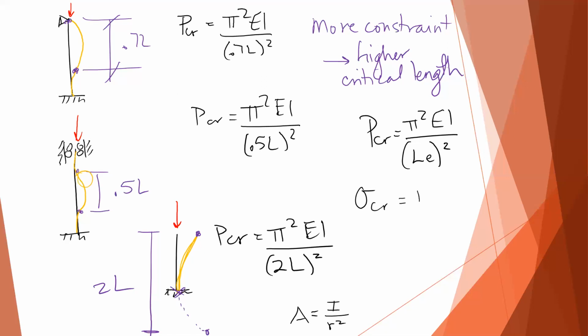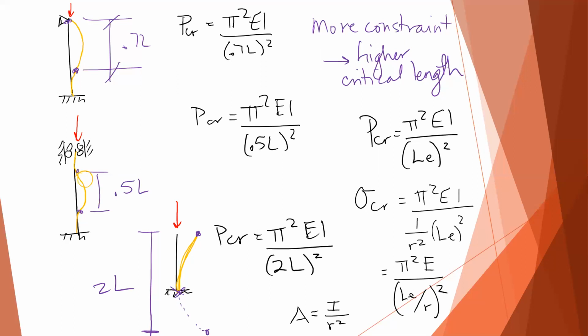So that means it becomes pi squared EI over I over r squared, L_e squared. So you can express that as pi squared E divided by the ratio L_e over r, squared. So it's the radius of gyration, not some radius measurement. This L_e over r is what we call the slenderness ratio.